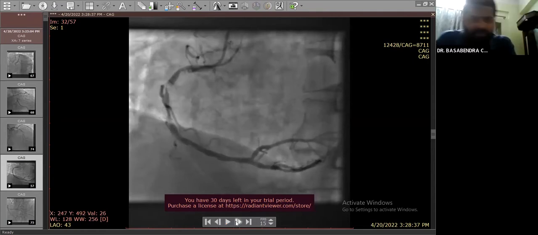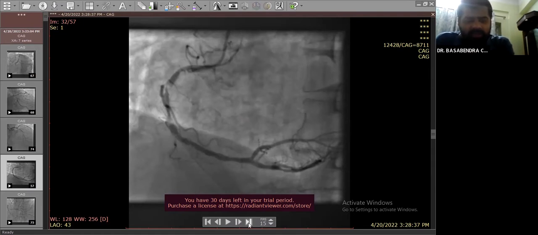So overall, as the picture suggested, the RCA was the culprit artery, and the patient was having ongoing chest pain. The best possible option was to go ahead with PCI plus stenting of the RCA. However, we were not quite sure about the significance of the LAD lesion.